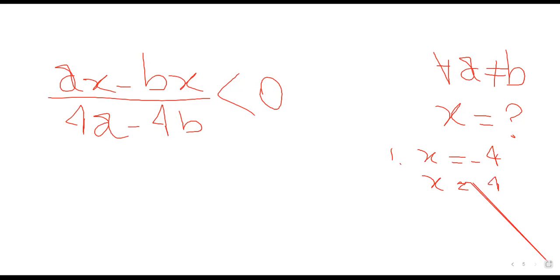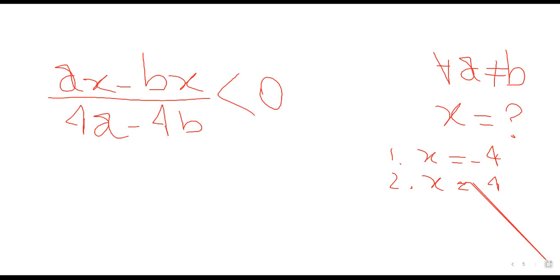I'll let you know what I got. So I got x is less than 0, and then I also got 4a minus 4b is not equal to 0, and I got a is greater than b.